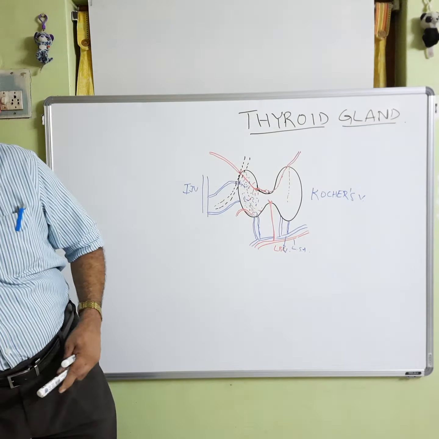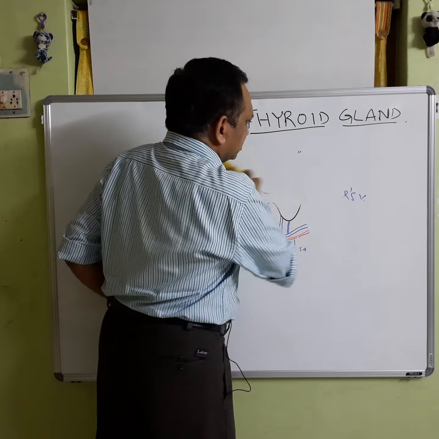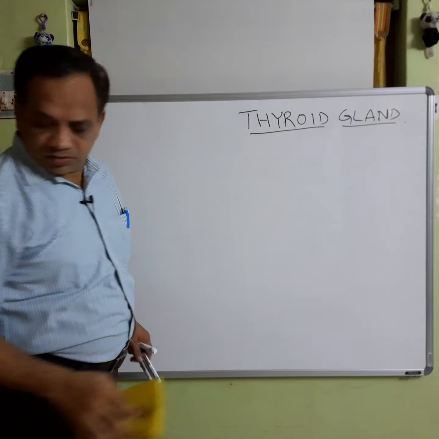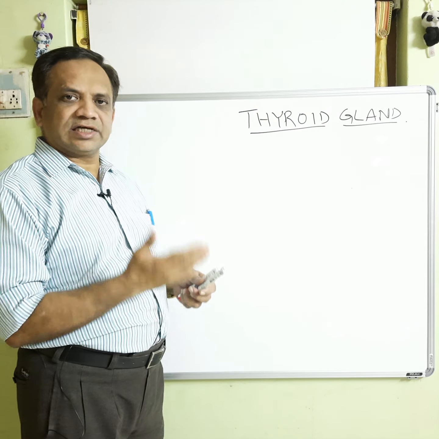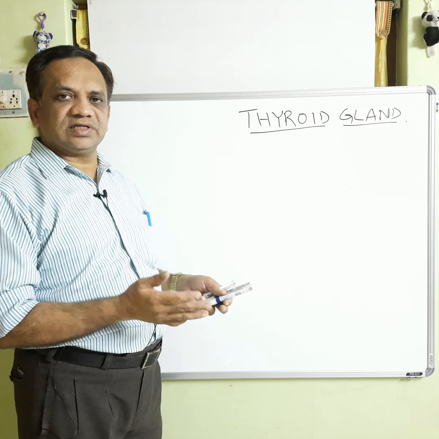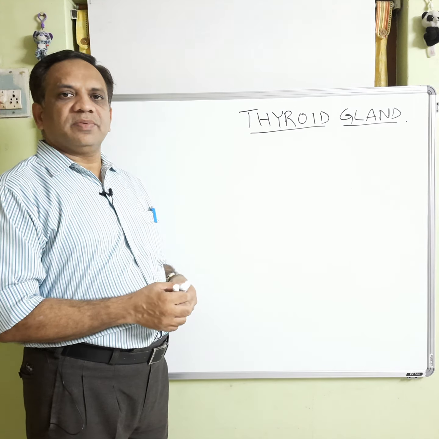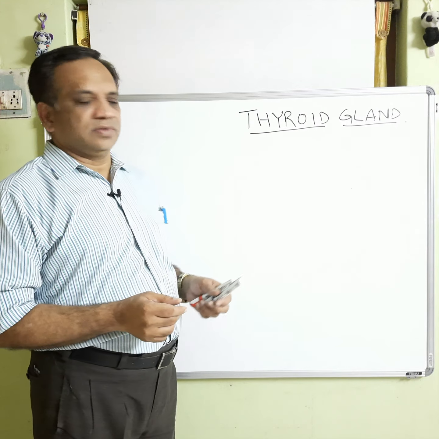Now, coming to the microscopic structure, you all know the thyroid gland has two capsules, one false capsule formed by the deep cervical fascia, that is the pretracheal fascia, and the true capsule formed by the condensation of the stroma of the gland.